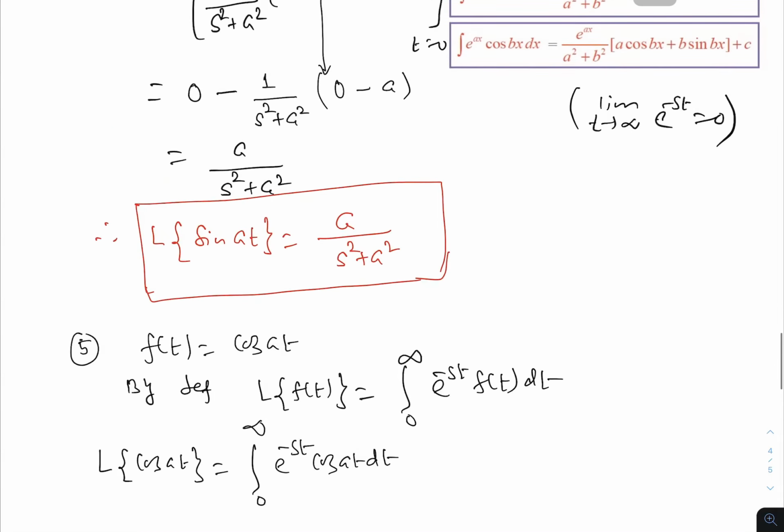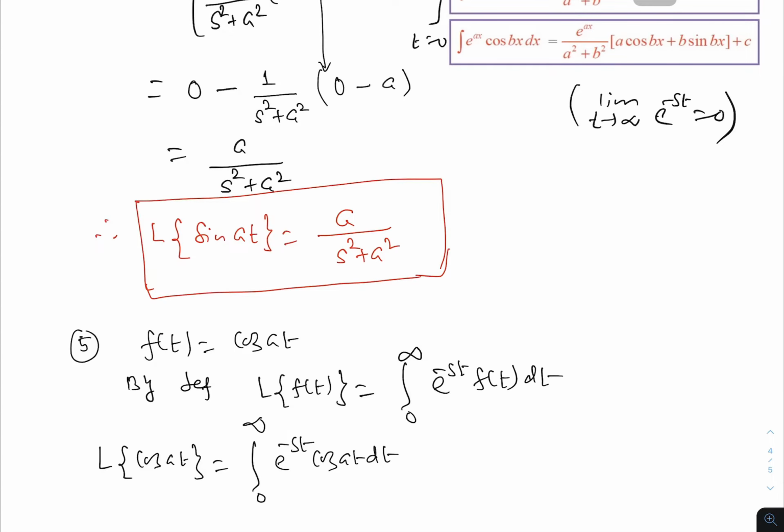Now here we have the formula for the integration of e power x cosine bx dx.